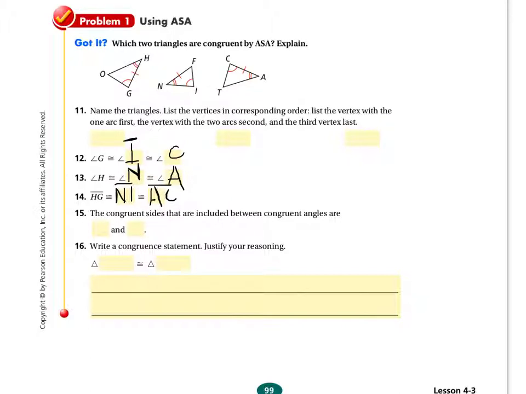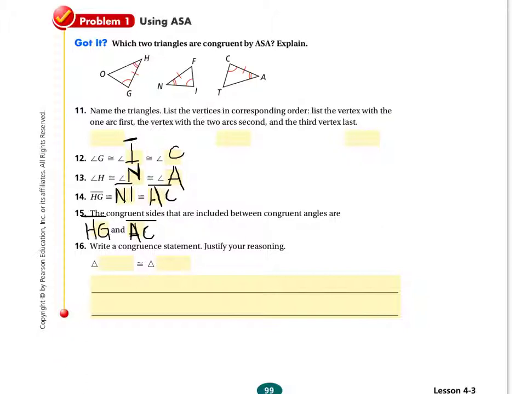On number 15, the congruent sides that are included between congruent angles are segment HG and AC.